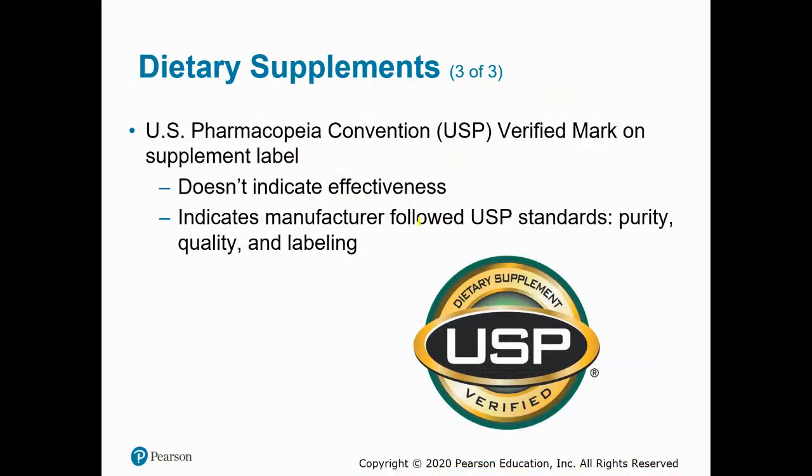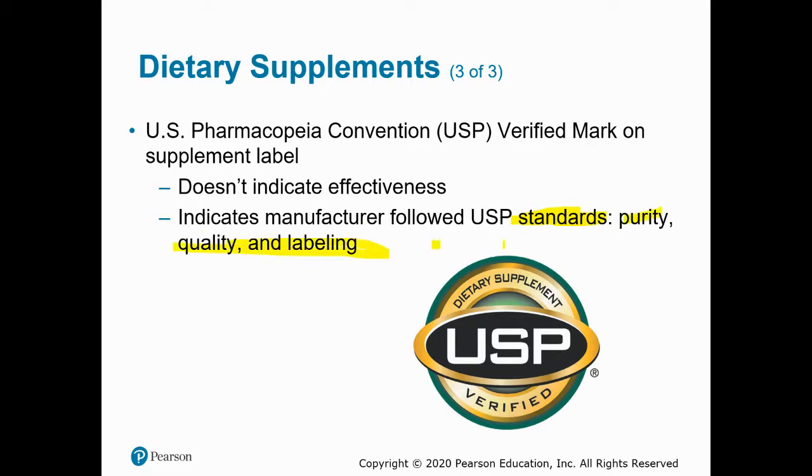And then if you are going to take some supplements, because I'll show you on the last slide here, there are some cases where supplement use might be recommended or worthwhile. There is something called the U.S. Pharmacopoeia Convention, an independent body that has established their own standards for supplements in terms of purity and quality, as well as labeling.